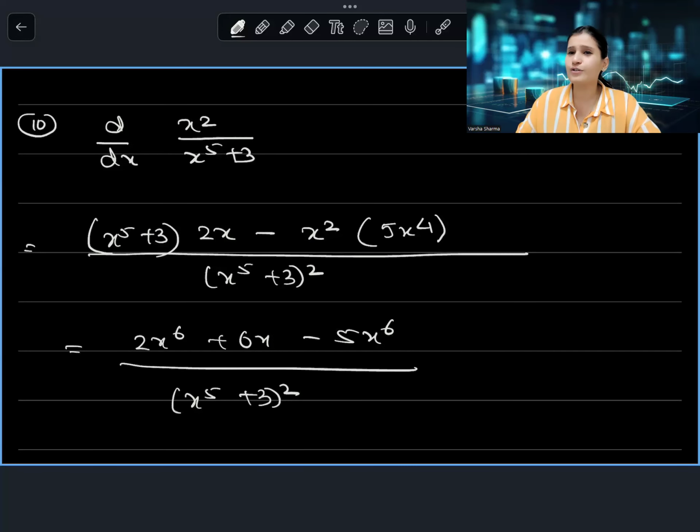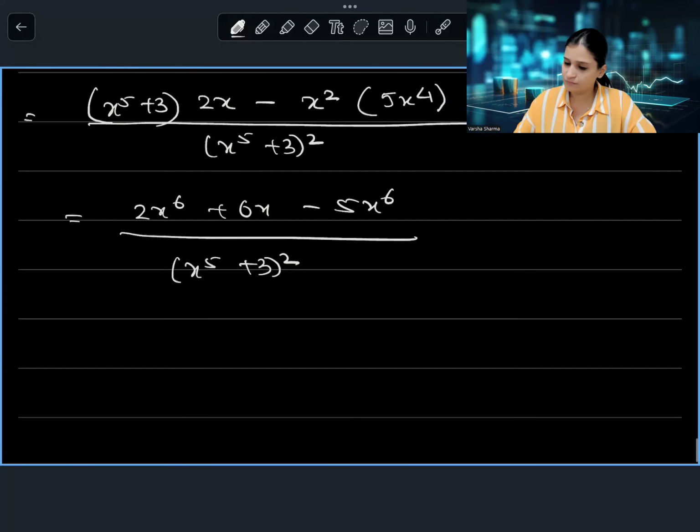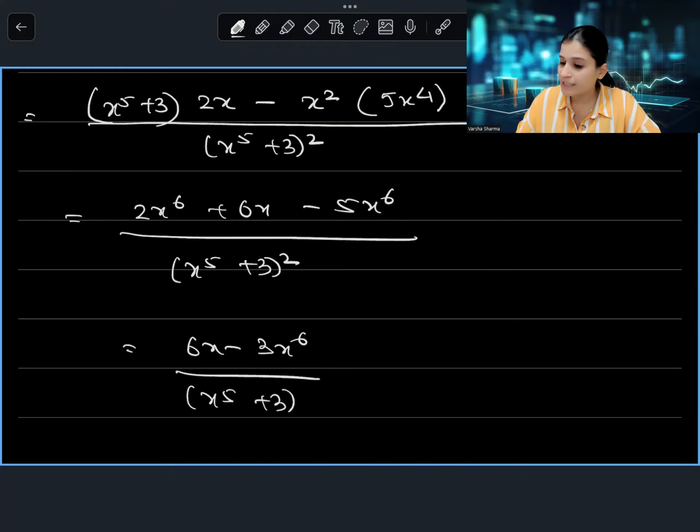Then here in the denominator, you don't need to open the whole square. 3x power 6. Here, even if I take common, does it cancel? No. So it's okay if you do. But it's better to do that.